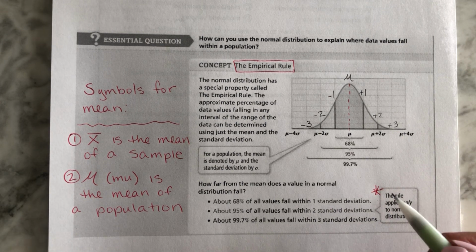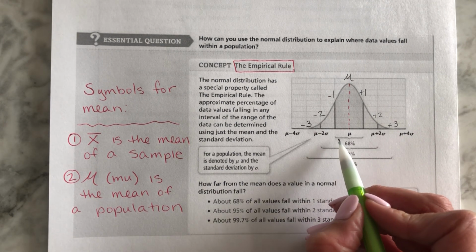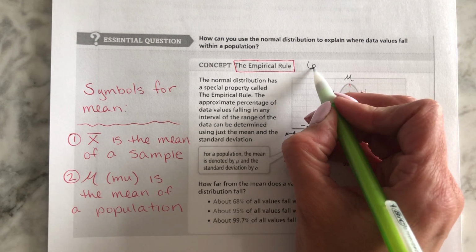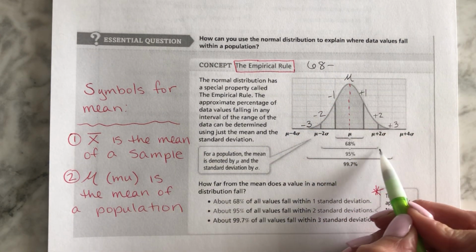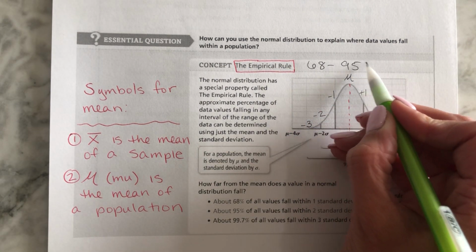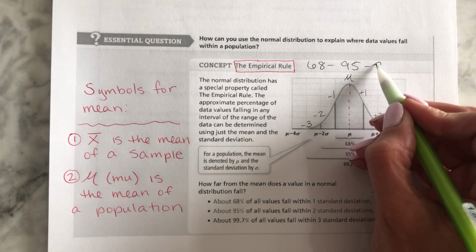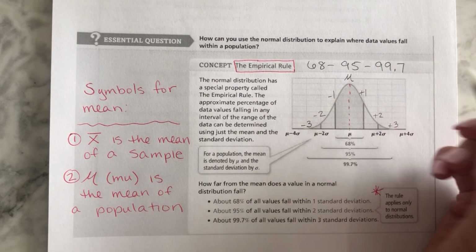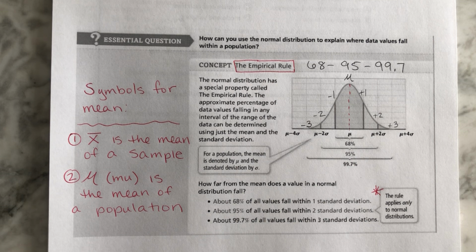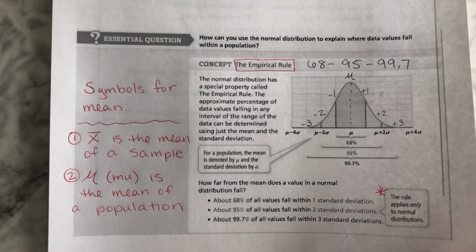So again, that empirical rule, you remember these numbers: 68, 95, and then 99.7. And we'll practice more with that later in the lesson. All right, go ahead and turn the page to page 25 now.